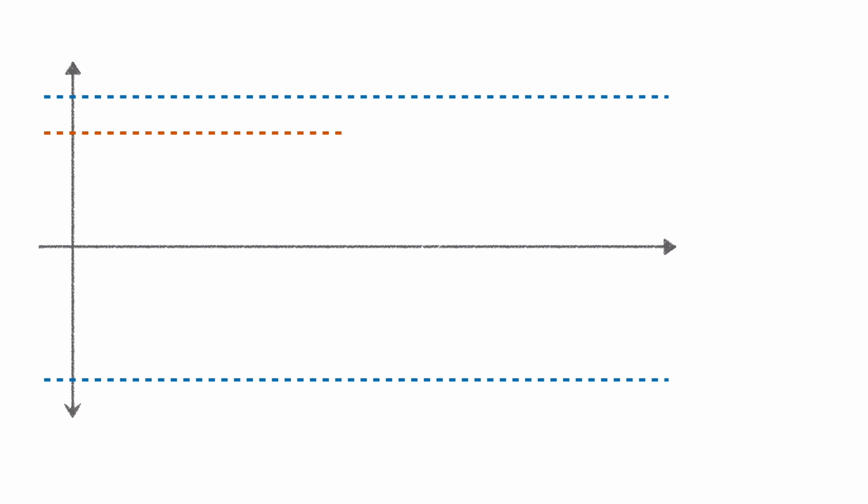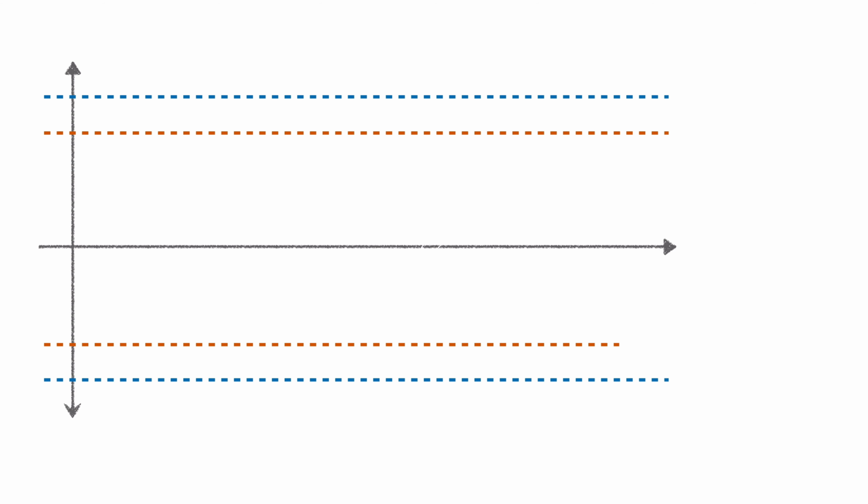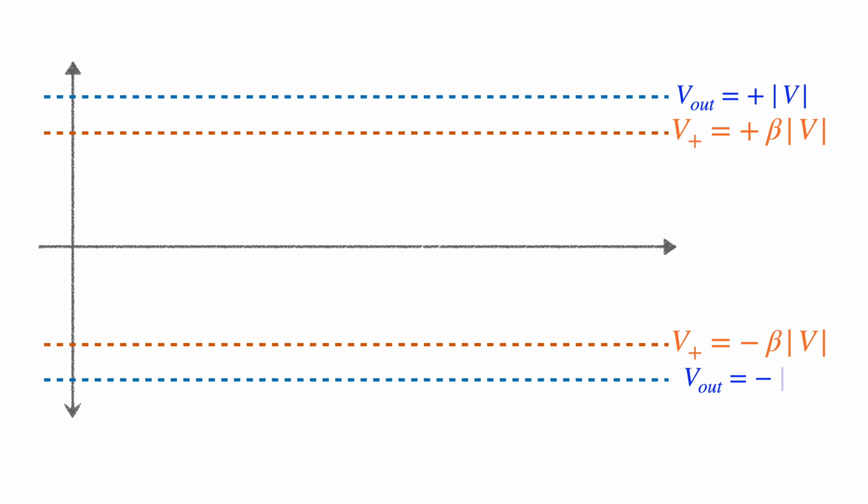So let me draw it. This is our time axis and this is our voltage axis. Let me draw the maximum positive voltage by this blue line. These two blue lines will signify your maximum output voltage, and this orange line will signify your maximum voltage at the non-inverting terminal.